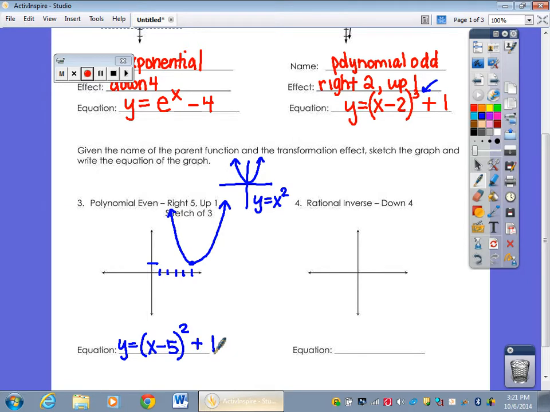And then a horizontal stretch of 3 means that we are going to put a 3 inside this function. This horizontal stretch would be inside the function. So this is going to become 3x minus 5.